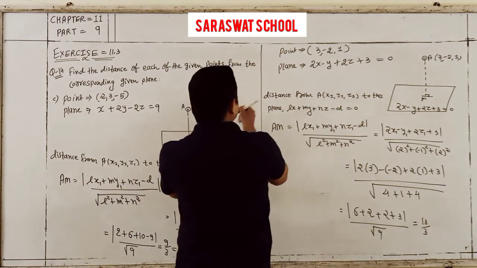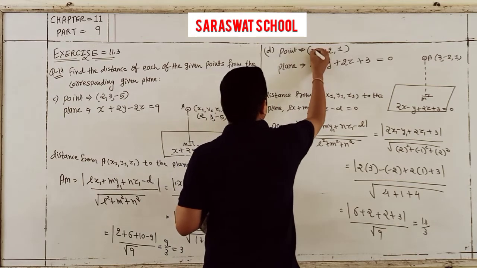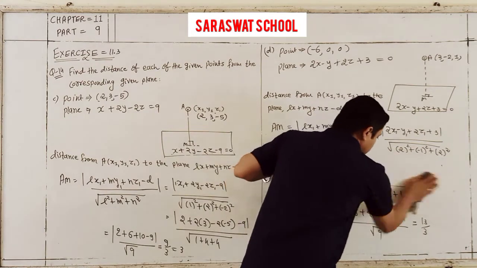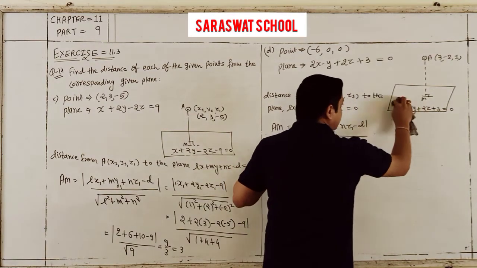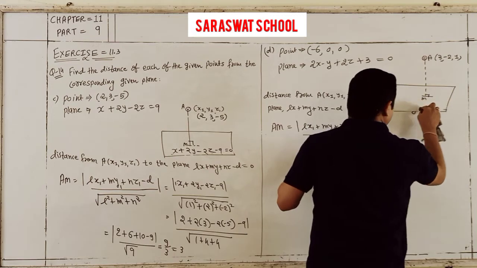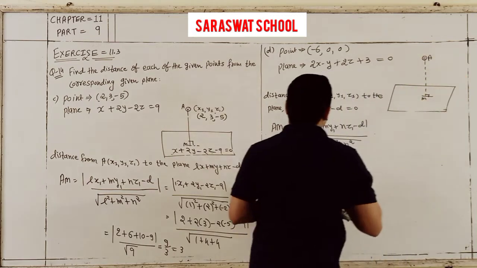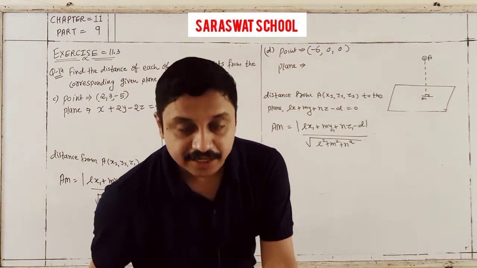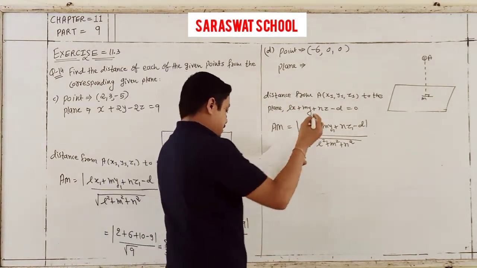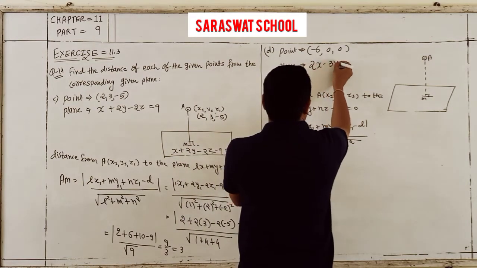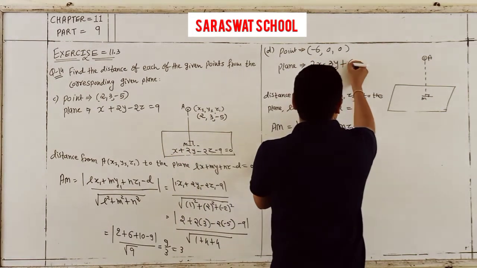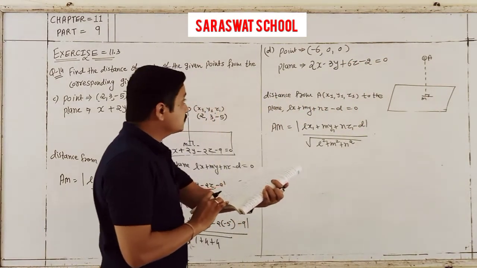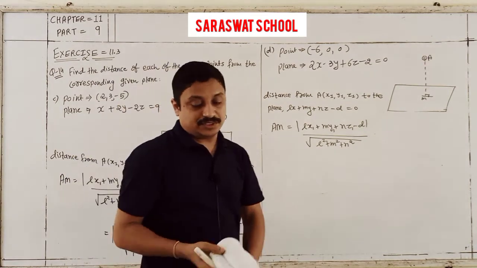Now continue with another point. Question D, the fourth one, the point minus 6, 0, 0, and the plane is given as in the previous questions, students. The plane and the point are changed. The question is minus 6, 0, 0, and the plane 2x minus 3y plus 6z minus 2 is equal to 0.